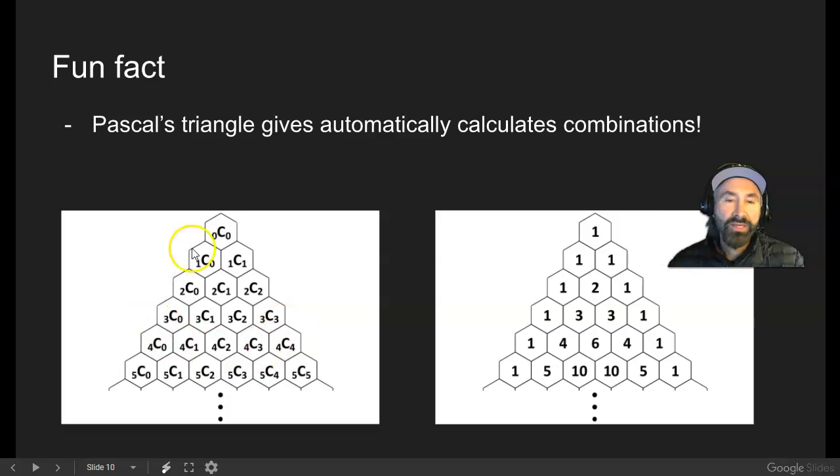So if we wanted to know C(5,3), we could figure out, well, in Pascal's triangle, we'll have to go down to the 0, 1, 2, 3, 4, 5th row, and then we'll have to go to the third item, 0, 1, 2, 3, and that would get us the 10. Okay, enough of that. Let's move on.